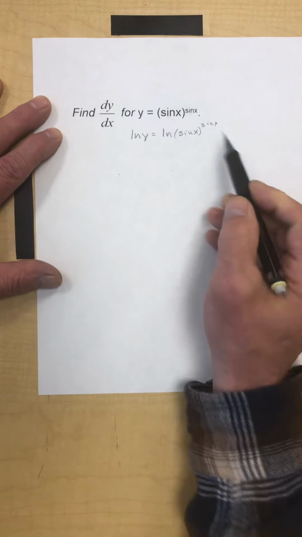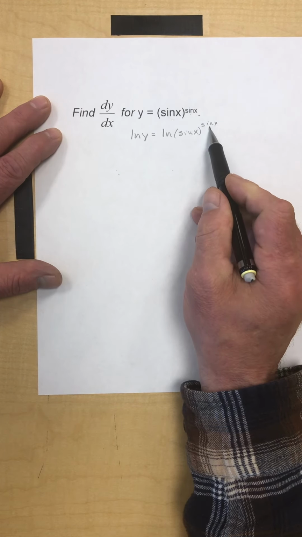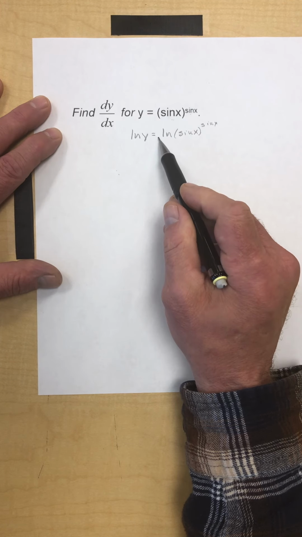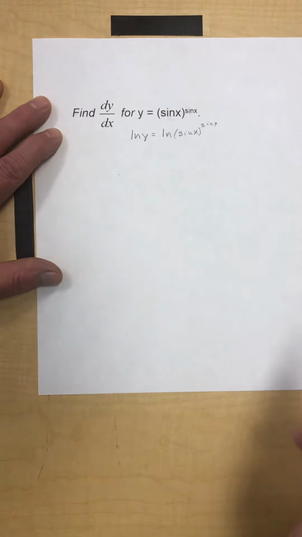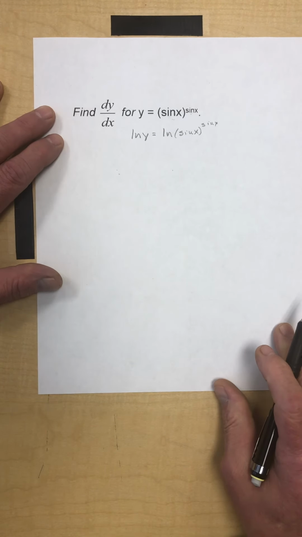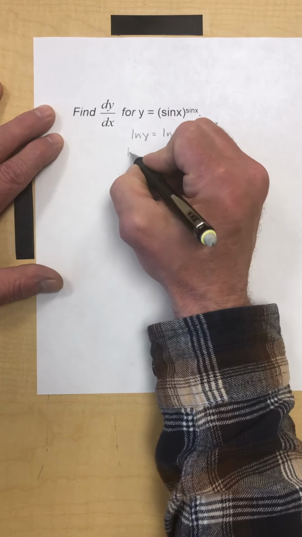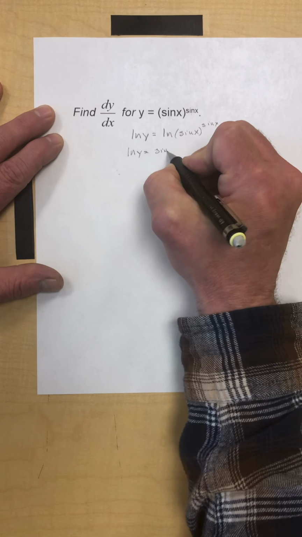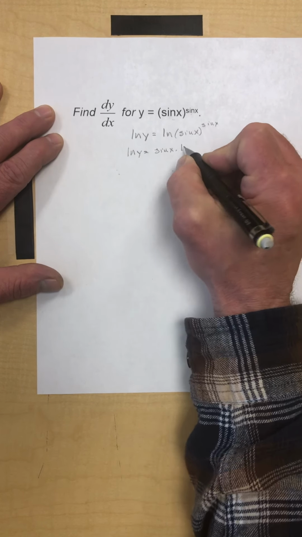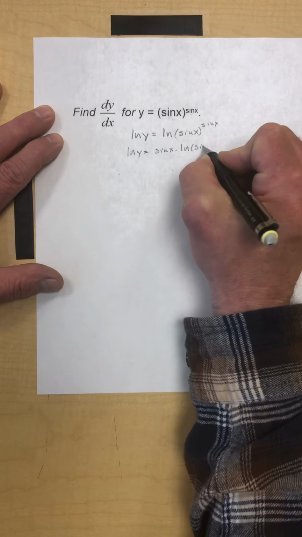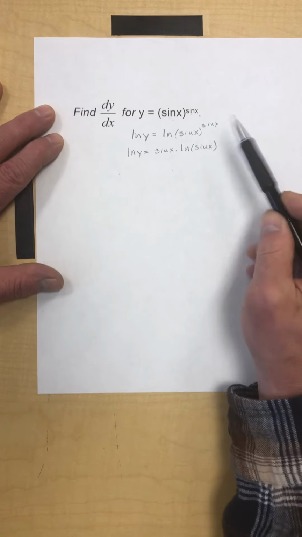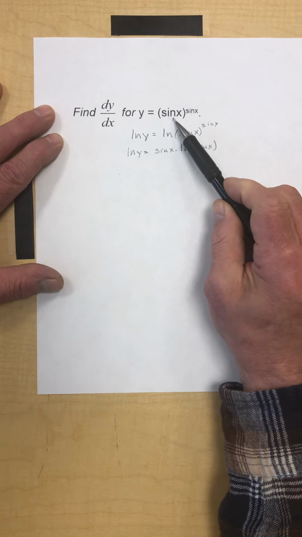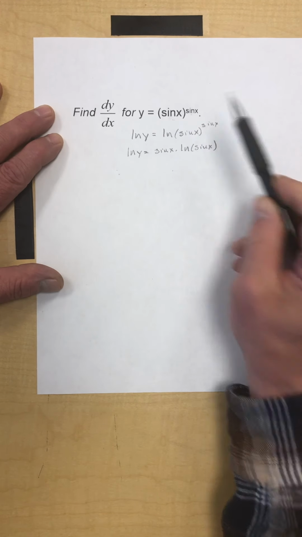And once again, I can pull this exponent away by moving it out front as a coefficient using one of our properties of logarithms. So I get the natural log of y equals sine of x times natural log of the sine of x. So now notice what we've done. We have pulled the base and the exponent away from each other.